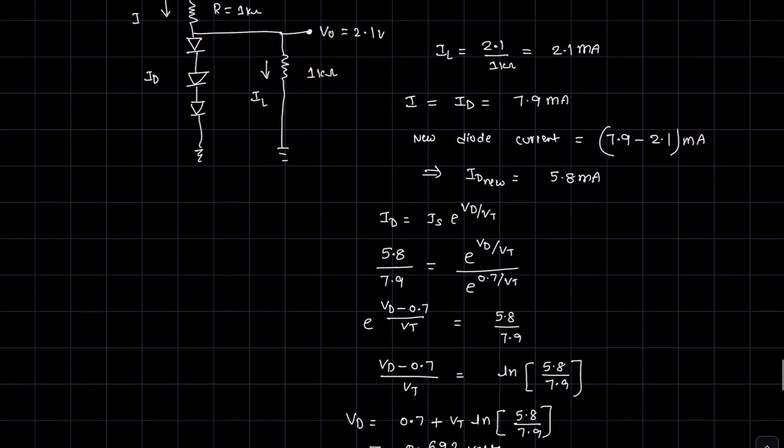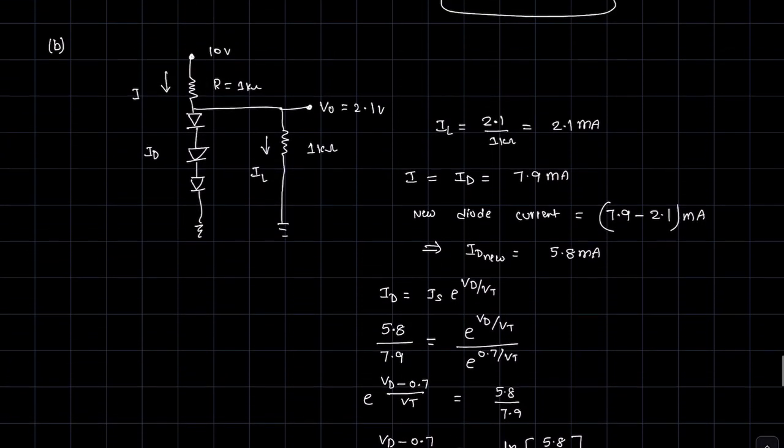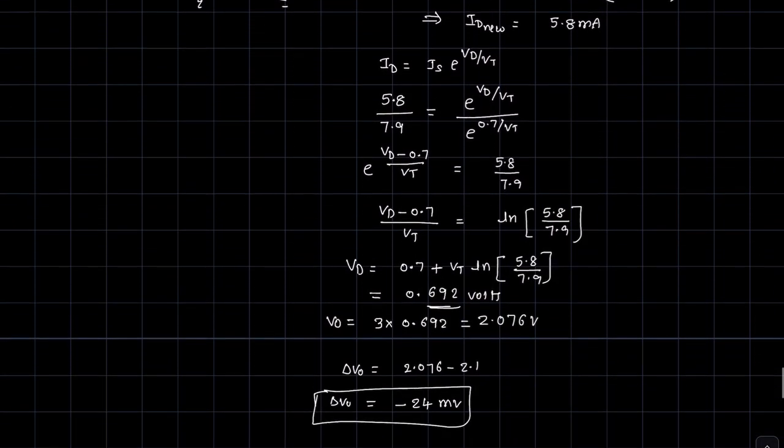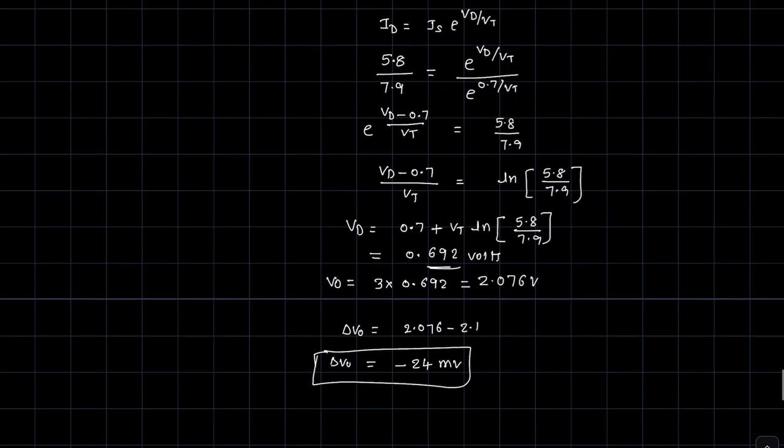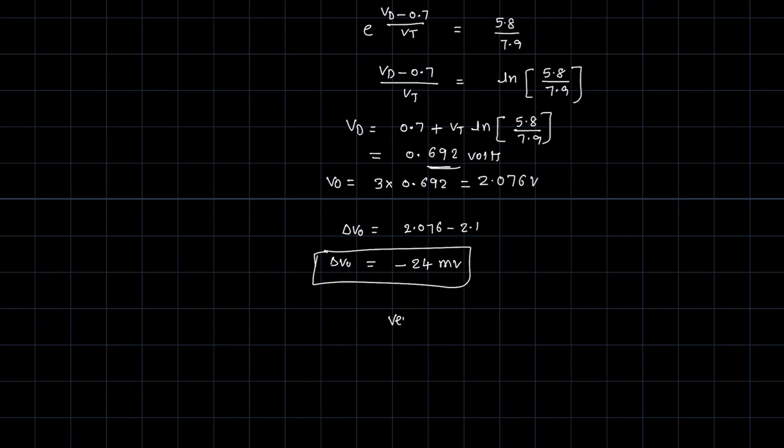Similarly, if a load resistance of 1 kilo ohm is added across the output, the output voltage decreases by just 24 millivolts. So this can act as a very good voltage regulator.